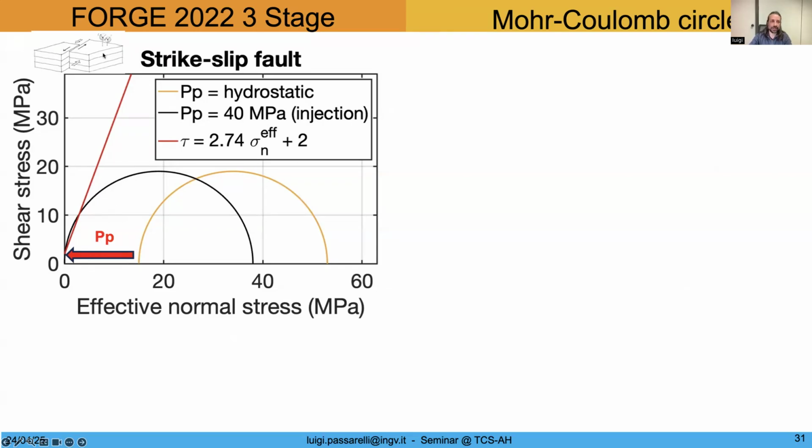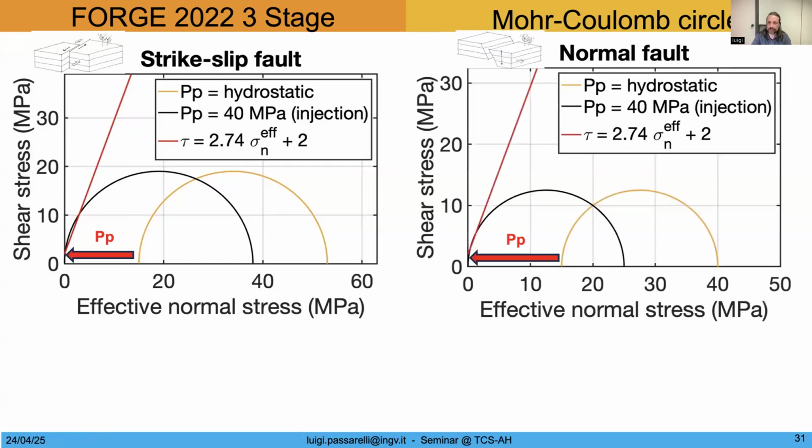So this analysis is done for a strike slip fault. And this analysis will tell us that basically effective normal stress is zero, you are opening. So you get to the failure, but in a way that maybe you are opening something. And it's exactly the same for the normal fault. So that's the intact, very far from the failure envelope.